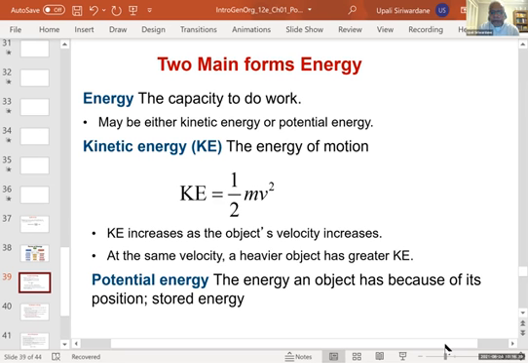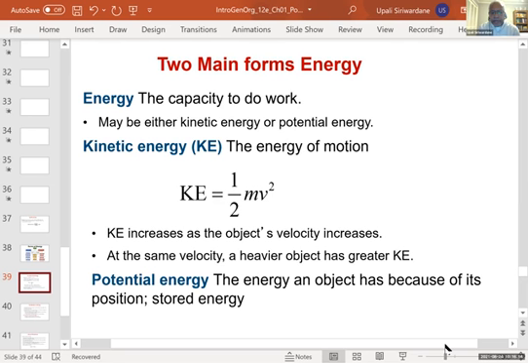For larger objects like rocks and boulders, it's directly the height from the Earth's surface that increases potential energy.